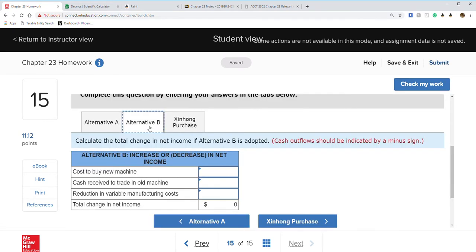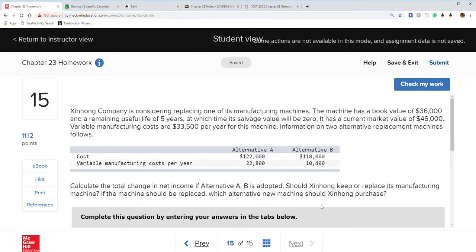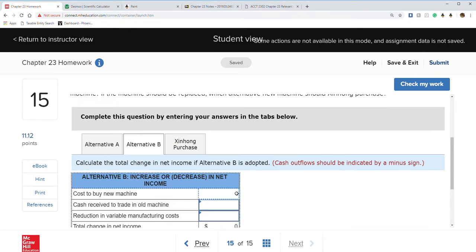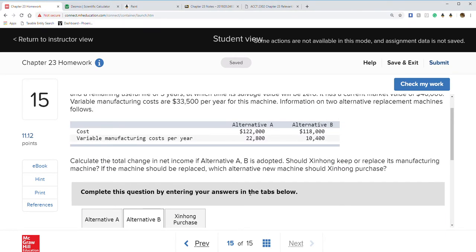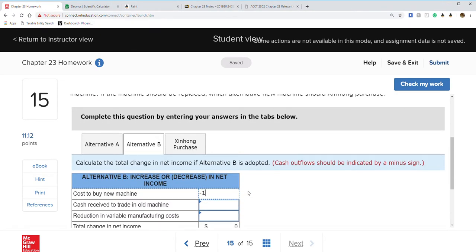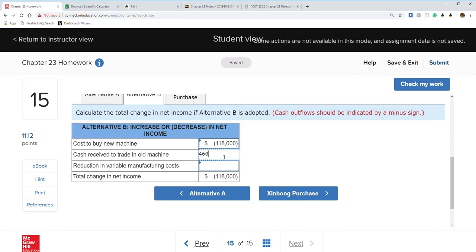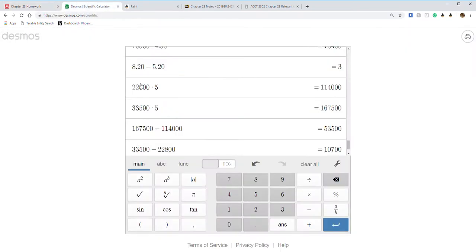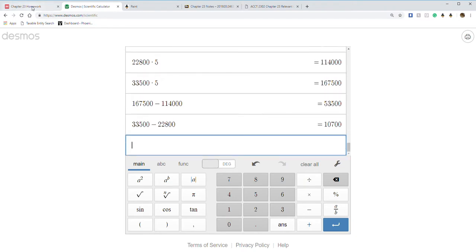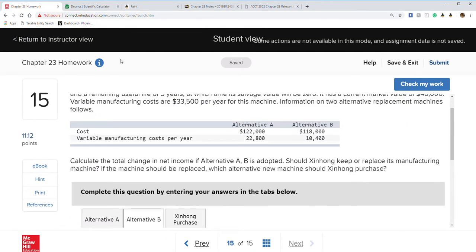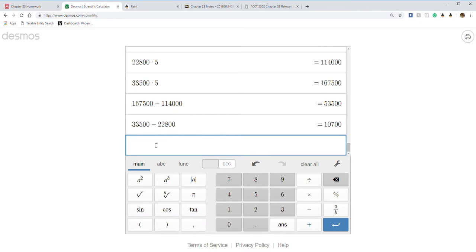Now that we know what Connect is actually looking for, we can do B. And B's got a negative cost of 118,000. Cost to trade in the old machine again is 46,000. Okay. So there is 10,400 times 5 years, 52,000.